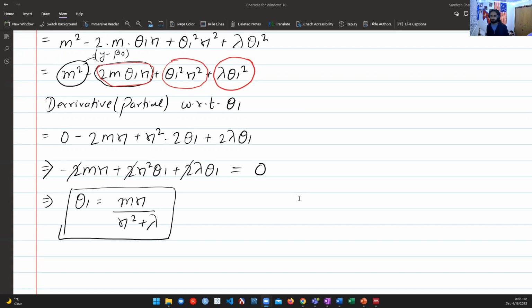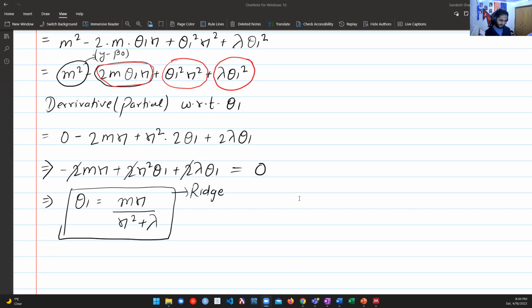Pause the video if you didn't get that, but it should be fairly easy for you. Now here comes the thing. As we mentioned, this is for ridge regression, or ridge regularization.